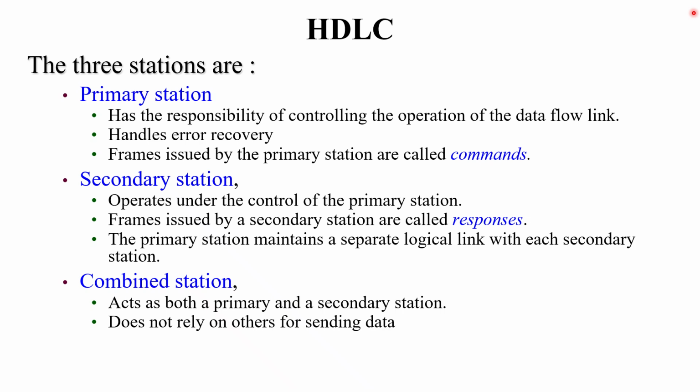The primary station maintains a separate logical link with each secondary station. In the third category, the combined station functions as both a primary and a secondary, meaning it can send and receive data independently without relying on another station for communication.